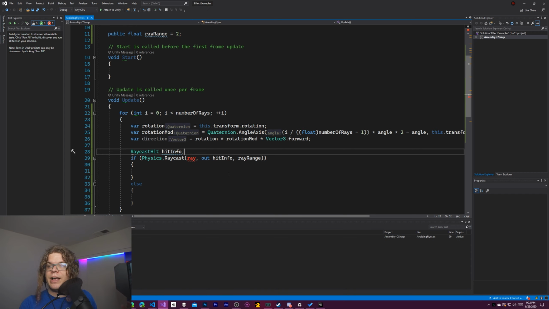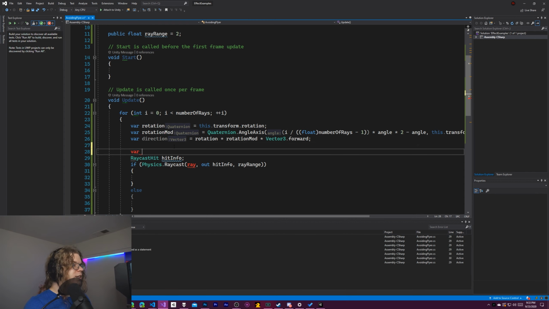And so this is an output variable, which means that it is just a reference that we're storing. And then this function is effectively returning that. So it is going to provide a second return value effectively that is stored in hitInfo. And so we can use that later to get more information about what we hit. We're not going to be looking at that too much. But if you want to detect only enemies or something like that, or only dodge bullets, for example, this is how you might approach that.